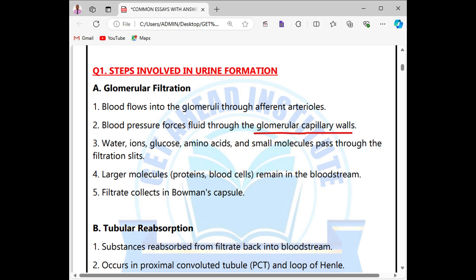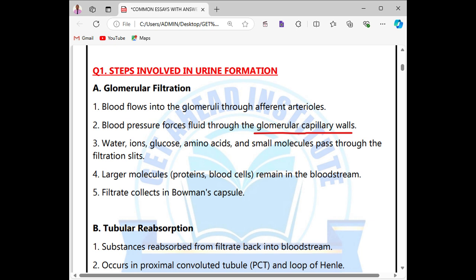They won't be filtered. After filtration has occurred, the end product of filtration is what we call the filtrate, and that filtrate will be collected in the Bowman's capsule. That says that the first step of urine formation is done.